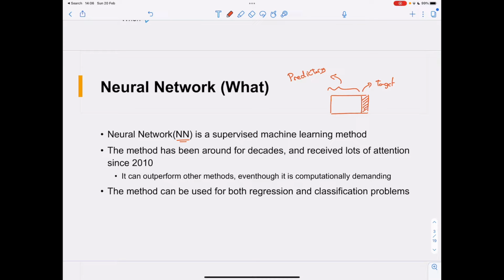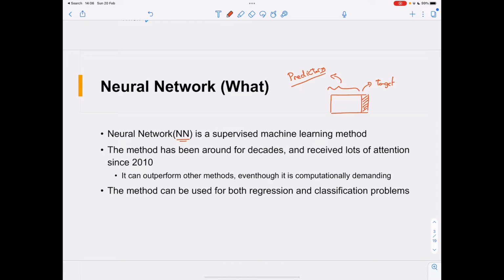And we want to figure out how this set of predictors is associated with the target, so we can make predictions for a single new observation. What would be the outcome, the target value for this observation?